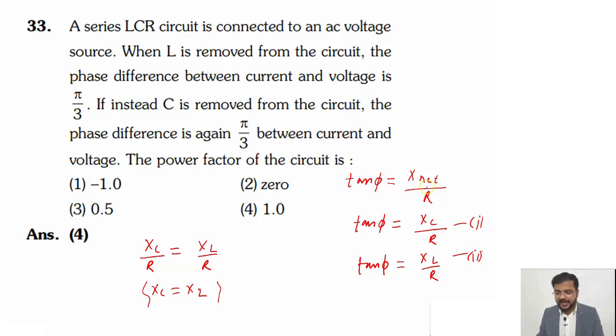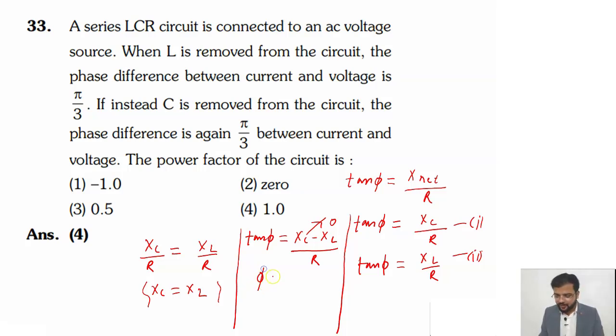So what is X net? If I write tan phi equals Xc minus XL by R, and Xc and XL are equal, we get 0 here. So the phi value we get is 0.